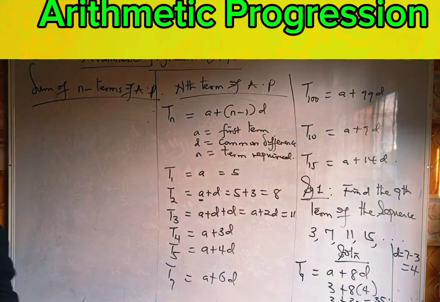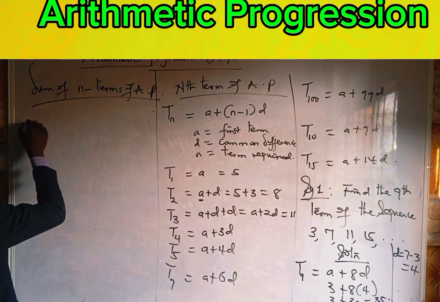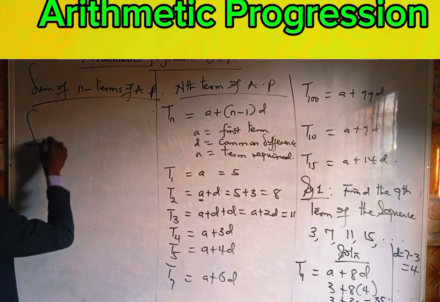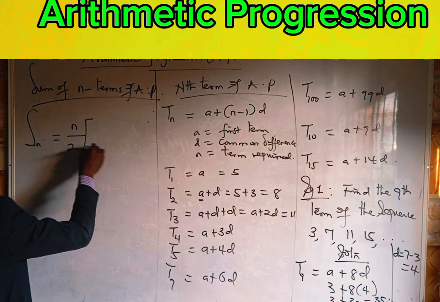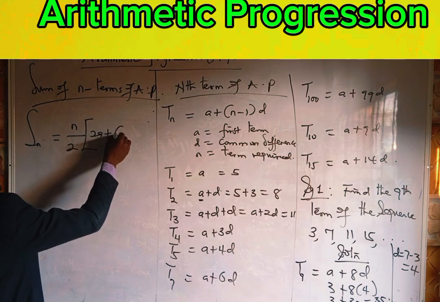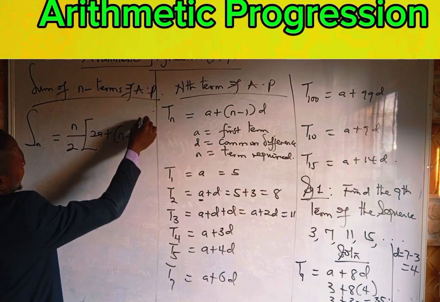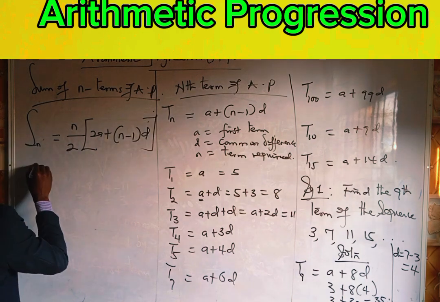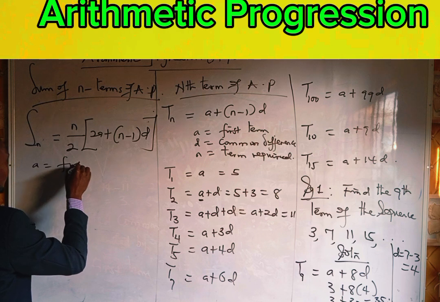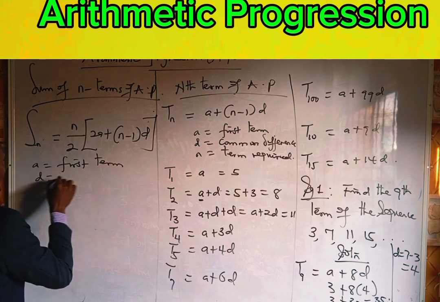Now, sum of n terms of AP is given by S subscript n equals n over 2 into square bracket 2a plus open and close bracket n minus 1, d. Good. Now what is our a? Our a remains the first term. d is what?